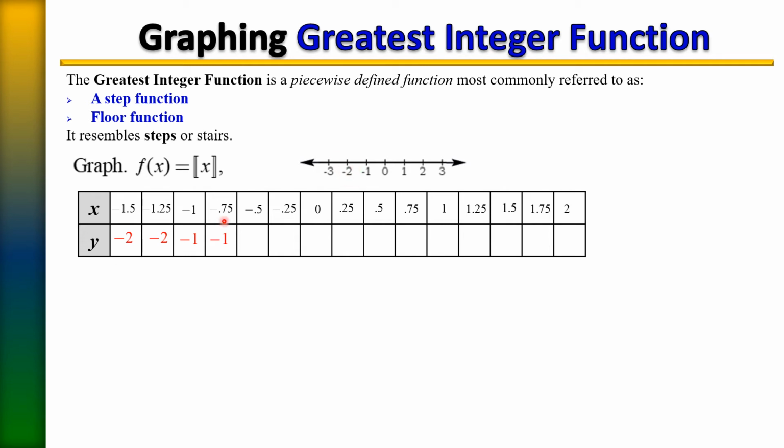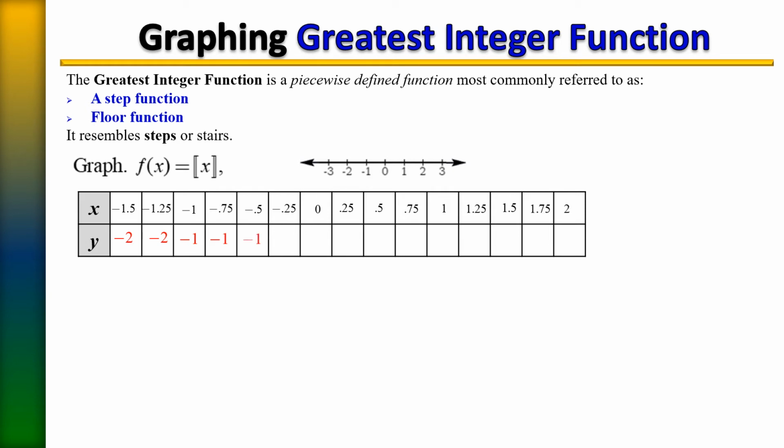Now with the number negative 0.75, that's not quite negative 1. It's right between 0 and negative 1. But because it's a decimal, we're going to round down, which means moving to the left to find an integer that's less than it, and that integer would be negative 1.